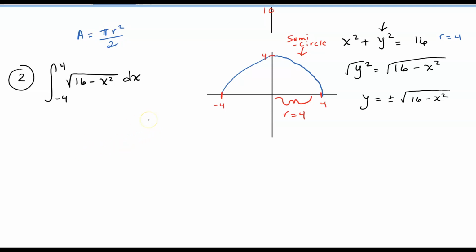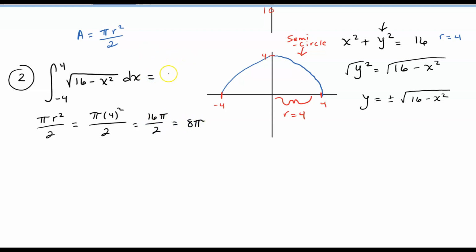We really don't need to know any kind of advanced integration rules here. We're just using formulas from geometry. Pi r squared divided by 2. Our radius again is 4 units, so pi times 4 squared divided by 2 gives me 16 pi divided by 2, which is 8 pi.